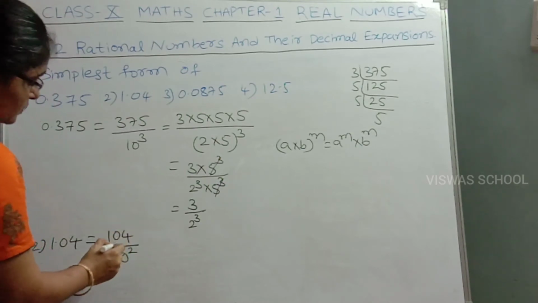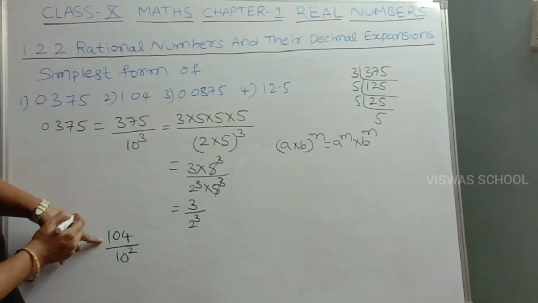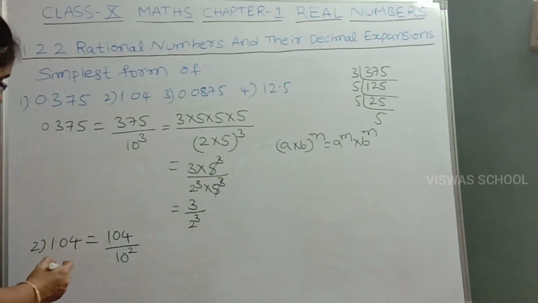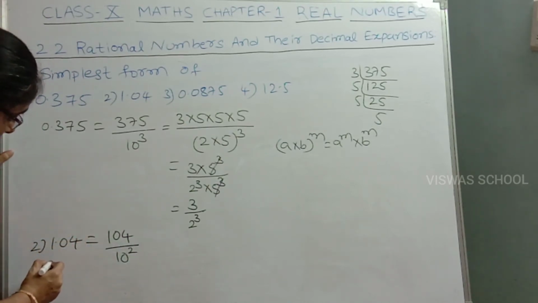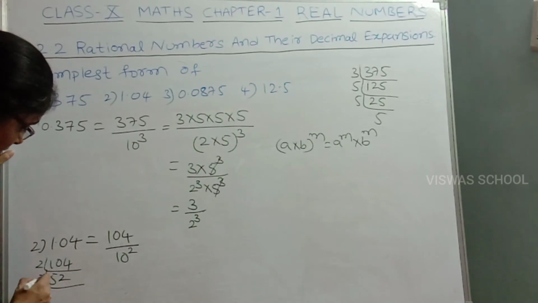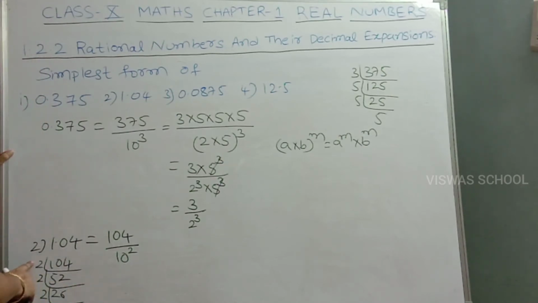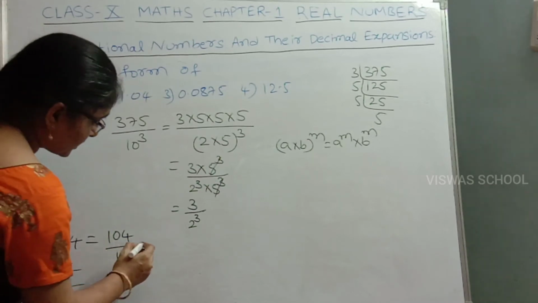Now write this 104 in the form of the product of prime factors. 2 fives are 10, 2 twos are 4; 2 twos are 4, 2 sixes are 12; and 2 thirteens are 26. That is 2 into 2 into 2 into 13. 2 is repeated 3 times, that is 2 cube into 13.